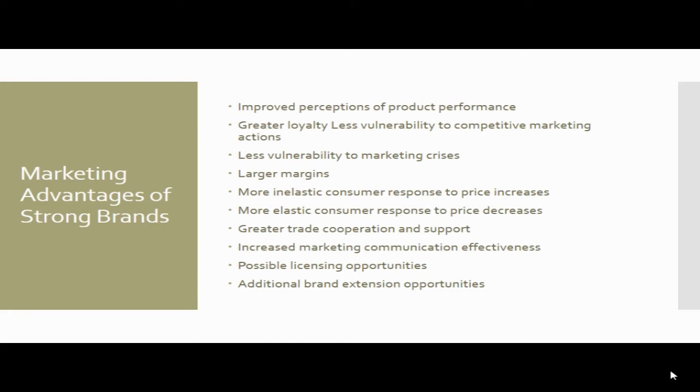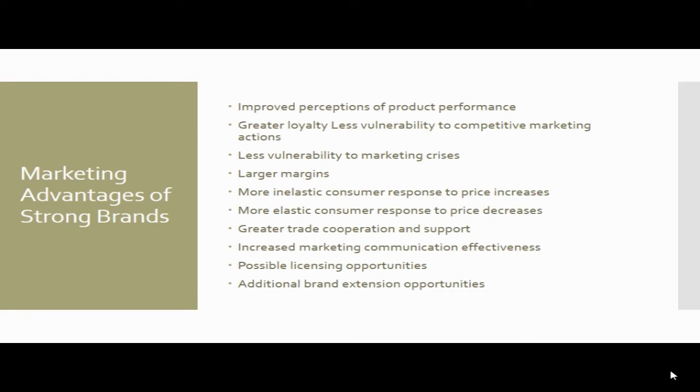The challenge for marketers building a strong brand is ensuring that customers have the right type of experiences with the products and services and their accompanying marketing programs, so that the desired thoughts, feelings, images, beliefs, perceptions, opinions, and experiences become linked to the brand.